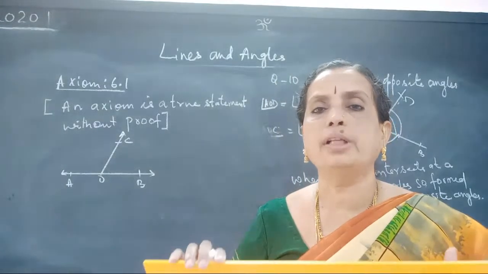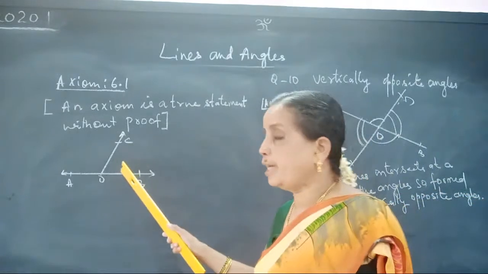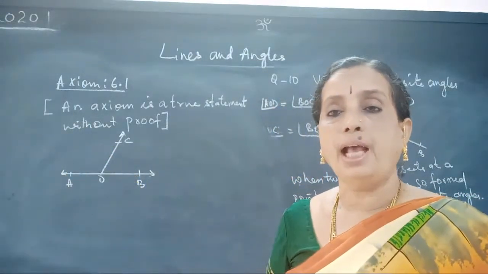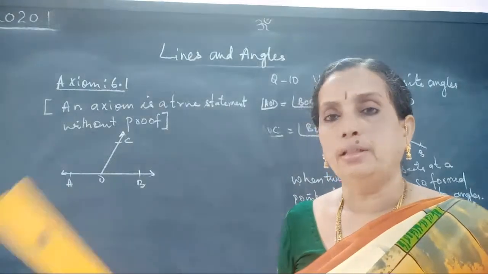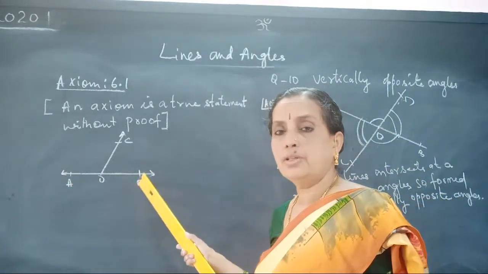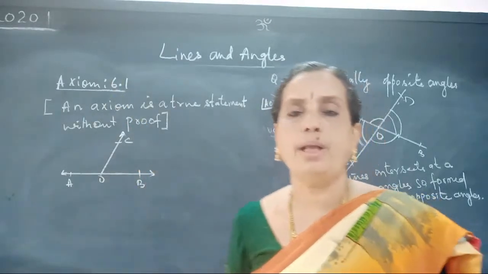They are opposite rays. That is, if a ray stands, their angles sum to 180 degree. If their angles are 180 degree, then it must be a linear pair of angles. So that is regarding axiom 6.1.